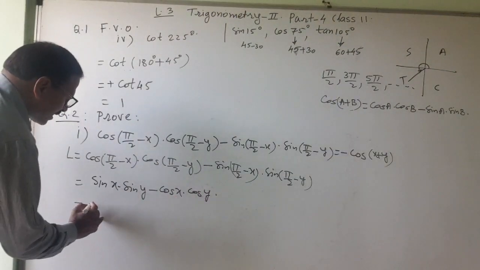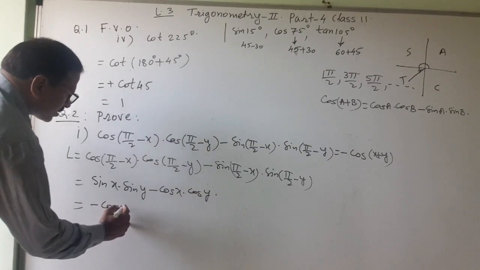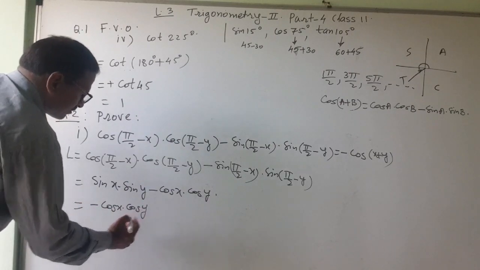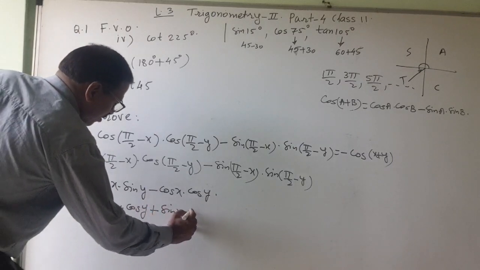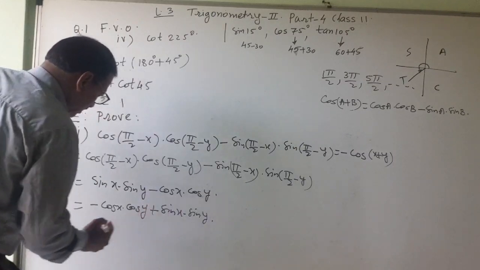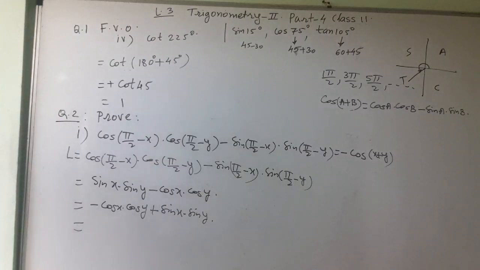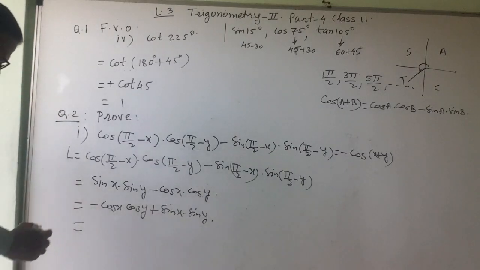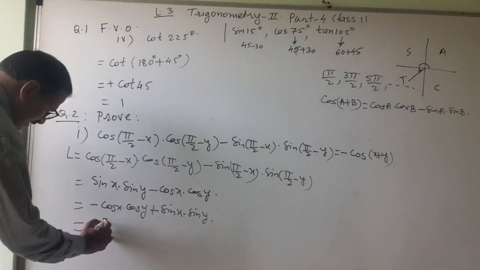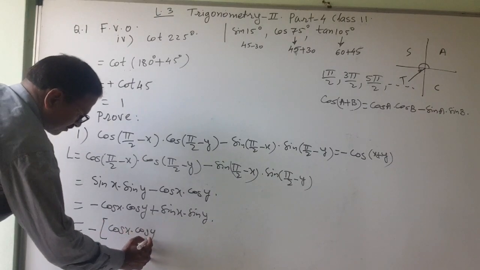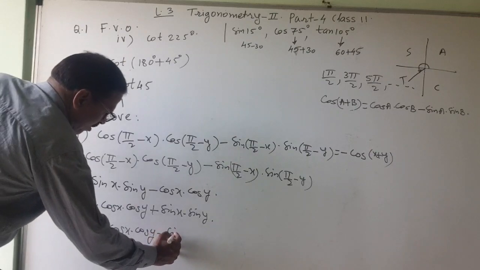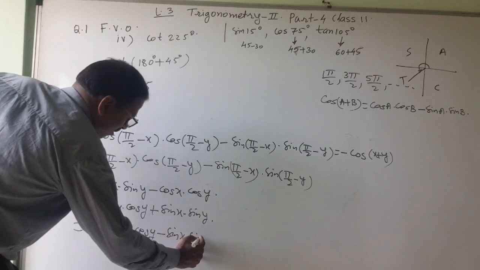So I will write like this: minus cos of x into cos of y plus sin of x into sin of y. That is equal to, this minus sign I will take out, minus cos of x into cos of y minus sin of x into sin of y.